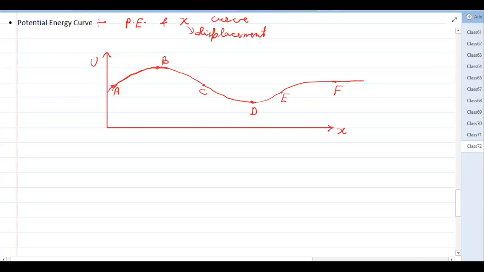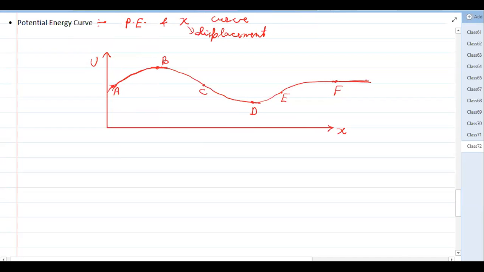And when you reach the trough, which means the lowest point, when you reach the point D, here again there will be no force, or we can say the potential energy is minimum. At point D, the potential energy is minimum. Then if you move again, the potential energy is increasing again at point E, and at point F, the potential energy is not changing.